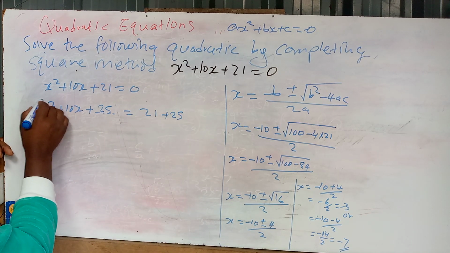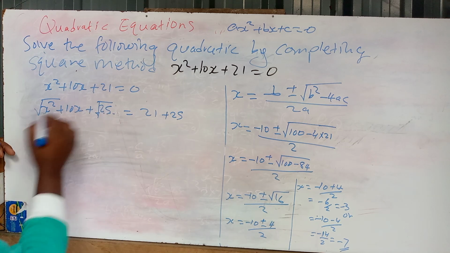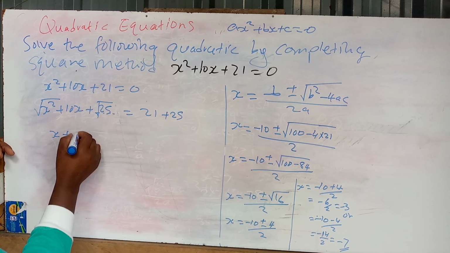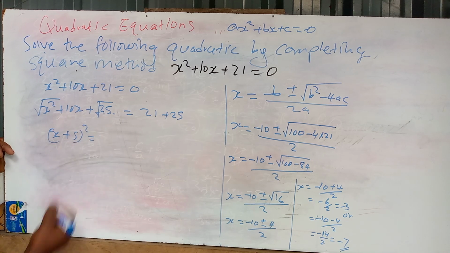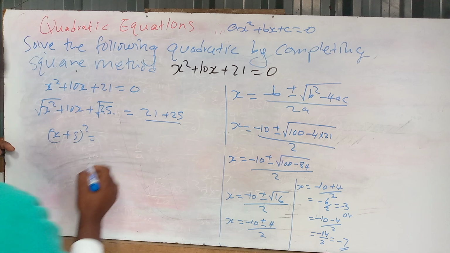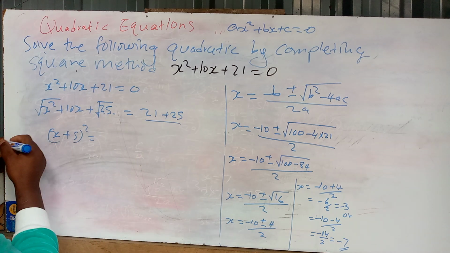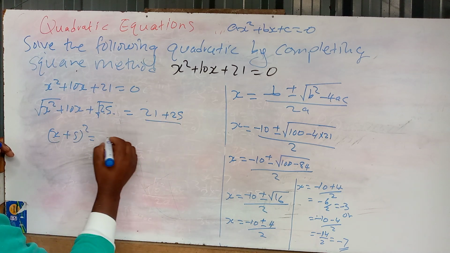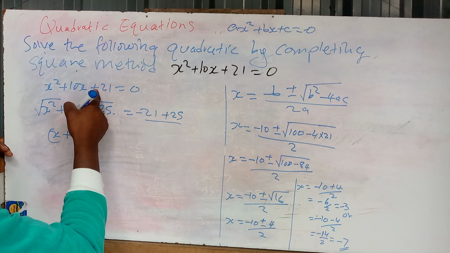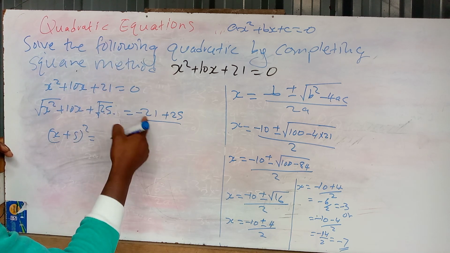Now, the square root of this and the square root of that, then x plus 5 squared is giving us. Now, adding this, you are getting 40, this is minus.